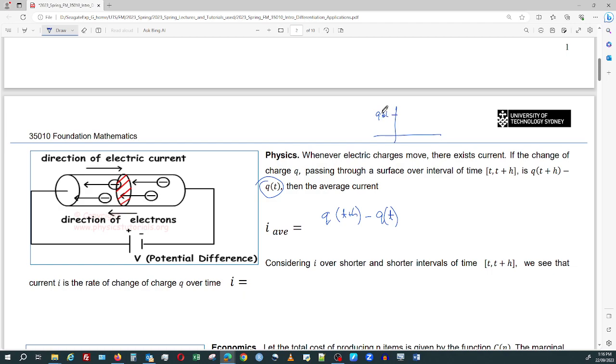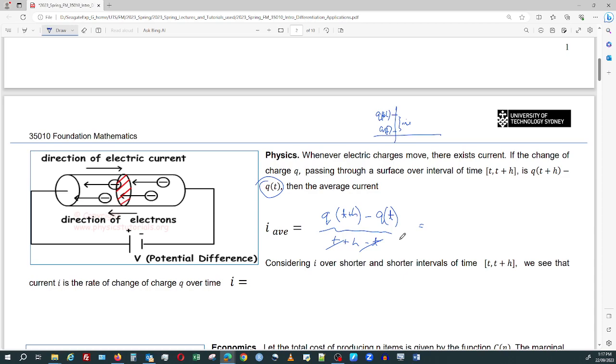Q(t+h) minus Q(t). So that's our rise. And our run will be the change between t+h and t, just like we did in our first principles development. So they'll cancel, and we'll be left with h. Now, provided h is not 0, this will help us compute the average.